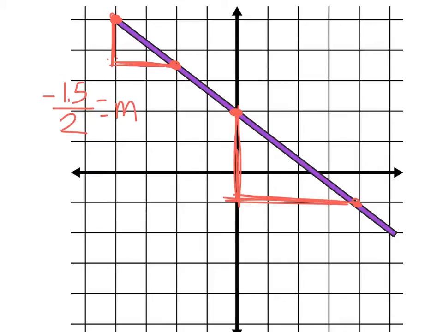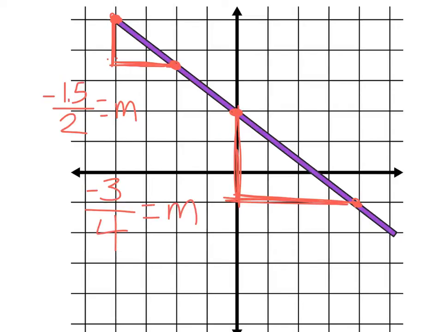Now this one here should be similar, and then we'll do it using the points too. So this one here goes 1, 2, this goes 3 down. Okay. So that's going to be a negative 3, sorry, yep, negative 3. That's the rise. And then 1, 2, 3, 4. Looks like it goes 4 over. Looks very similar.